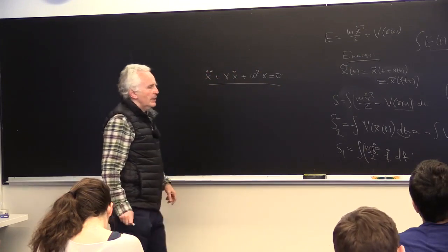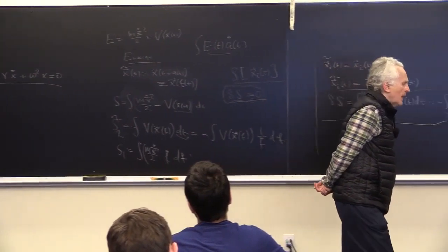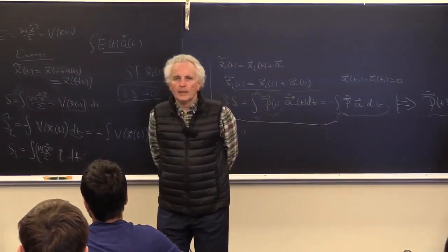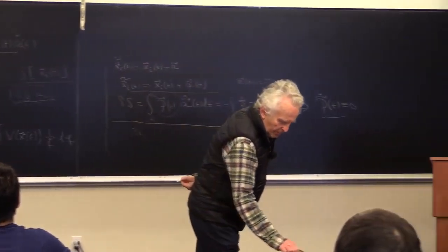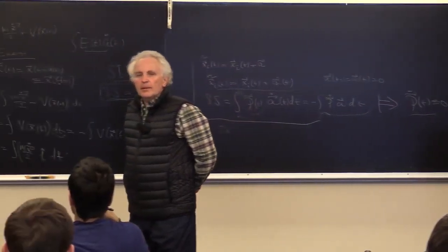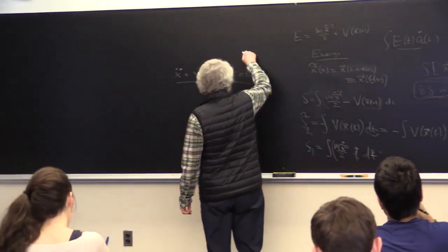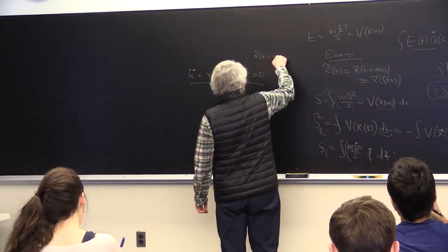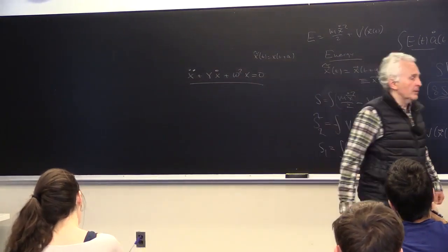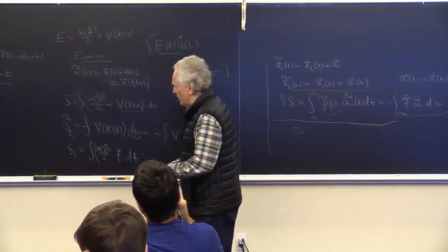Now let me ask you, does this system have time translation symmetry? Yes, it does. Indeed, if we have x of t plus a, nothing happens, of course, when you substitute it. So if x is a solution, x twiddle is also a solution.